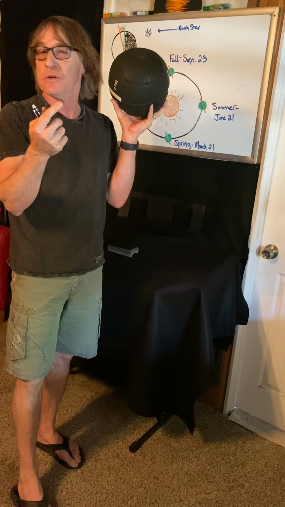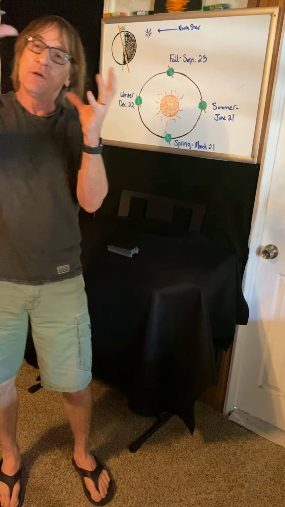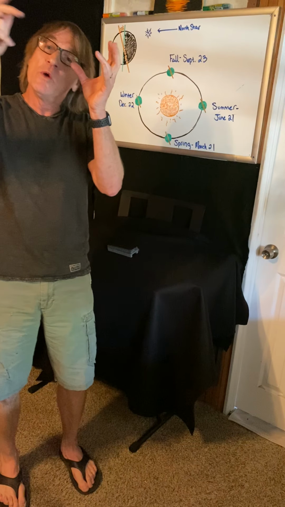Another reason why there is sometimes more direct and less direct heat is because of the Earth's atmosphere. We have around us this blanket, okay? We call it the atmosphere. And the Earth's atmosphere whisks away or pushes away or absorbs, some people like to say, some of that heat from the sun.